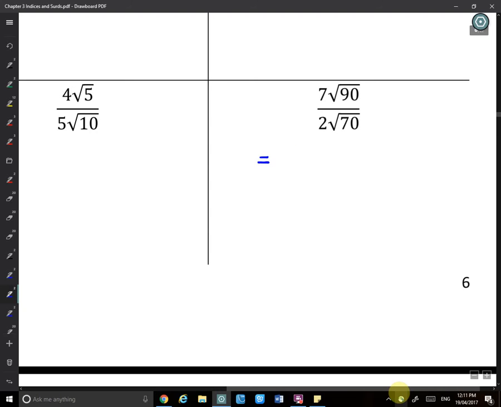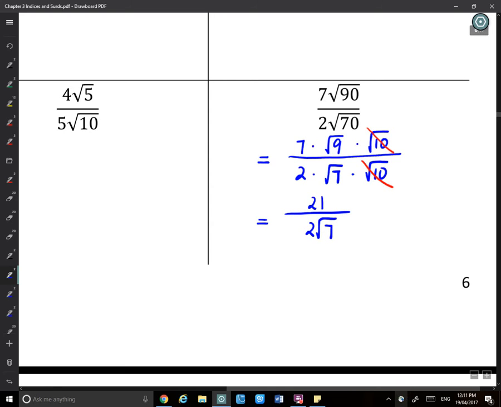But what I want to do is 7 times root 9 times root 10 over 2 times root 7 times root 10. So the root 10 and root 10 just cancel each other. On the top, root 9 is 3. 7 times 3, 21 over 2 root 7.